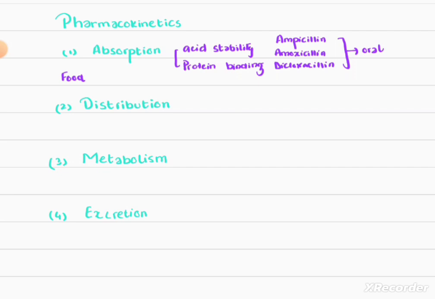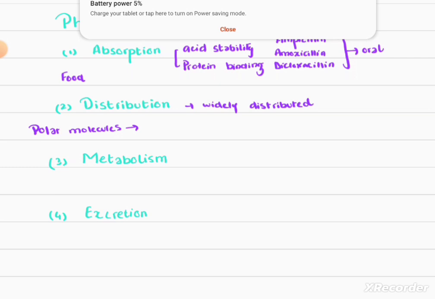Now, the distribution. They are very widely distributed throughout the body because these are polar molecules. The intracellular concentrations are well below those found in the extracellular fluid.